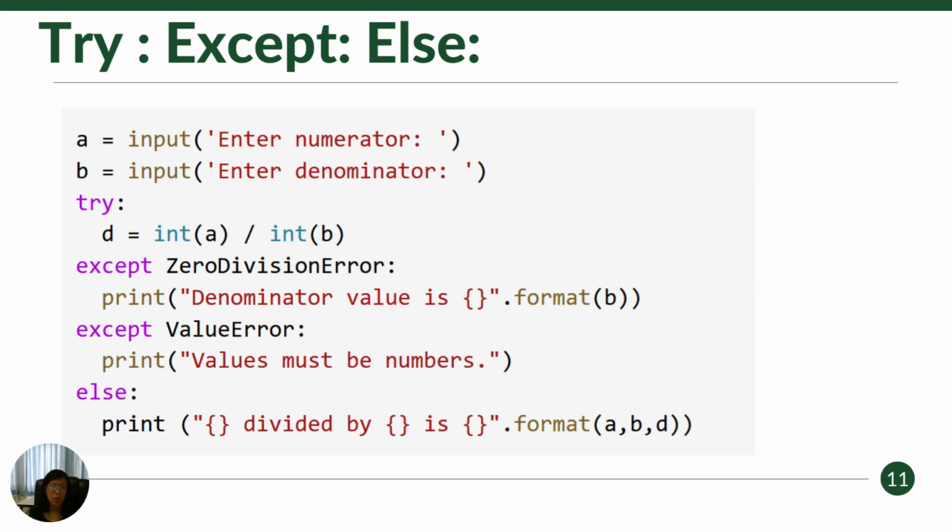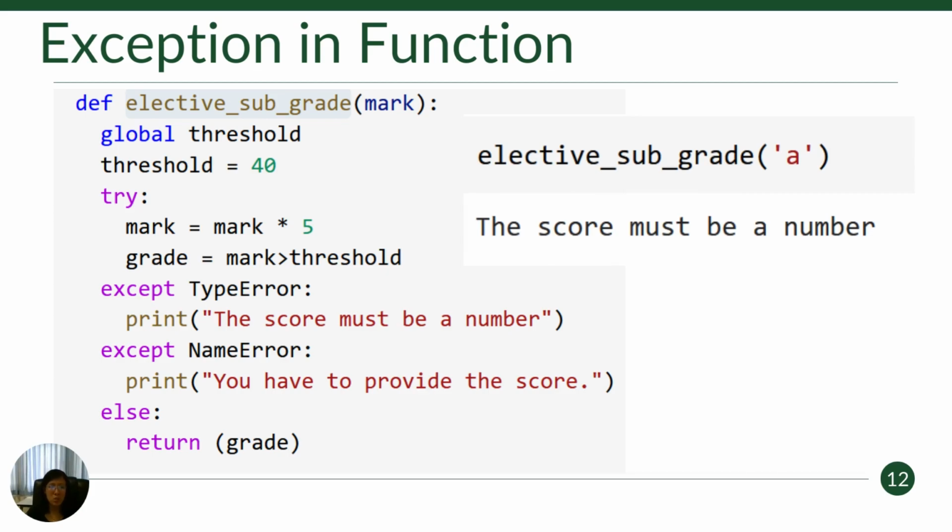When you write a function, of course, you can put all these considerations into your function. Remember, we have written the elective subject grade function to calculate whether the student is passing the exam or not based on their given score. So here we can think of two possible errors.